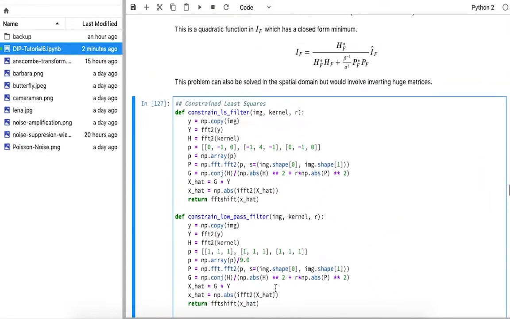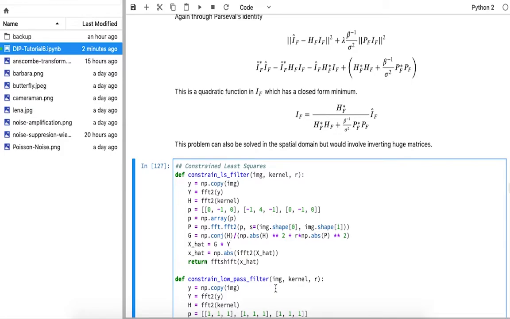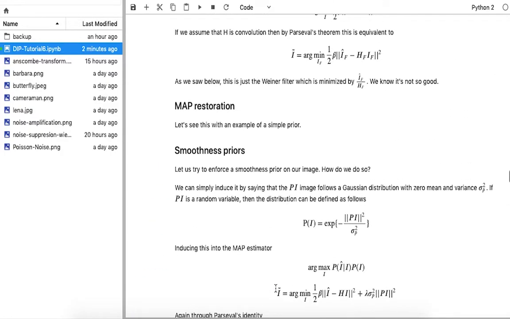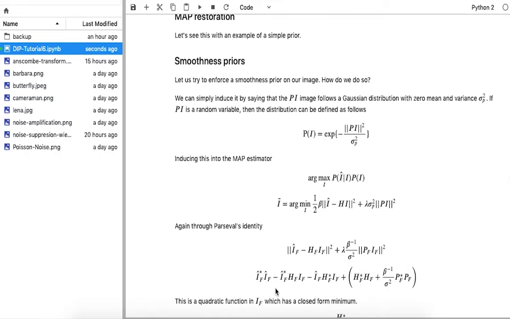How did you decide what P is? That's what I was explaining about smoothness. If you want to force your image to be smooth, you have to punish it when it gets high values at the edges. So that's why I'm minimizing this distribution.